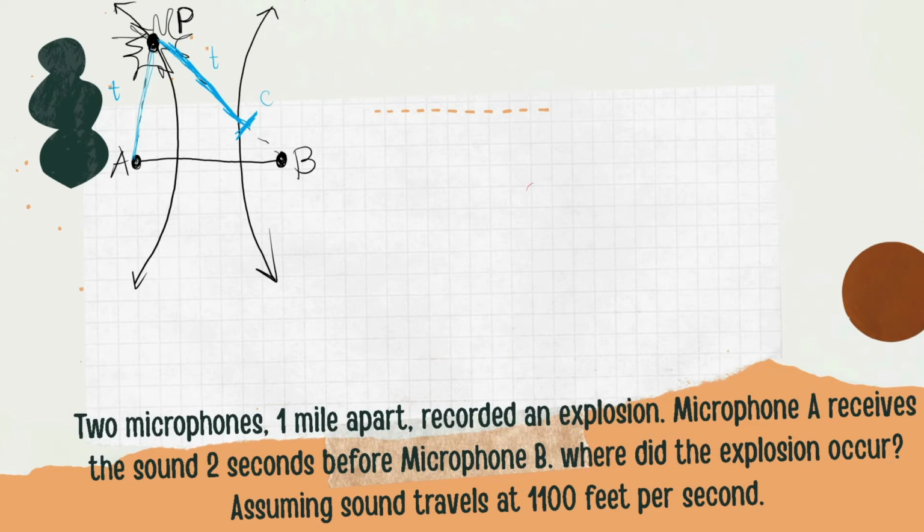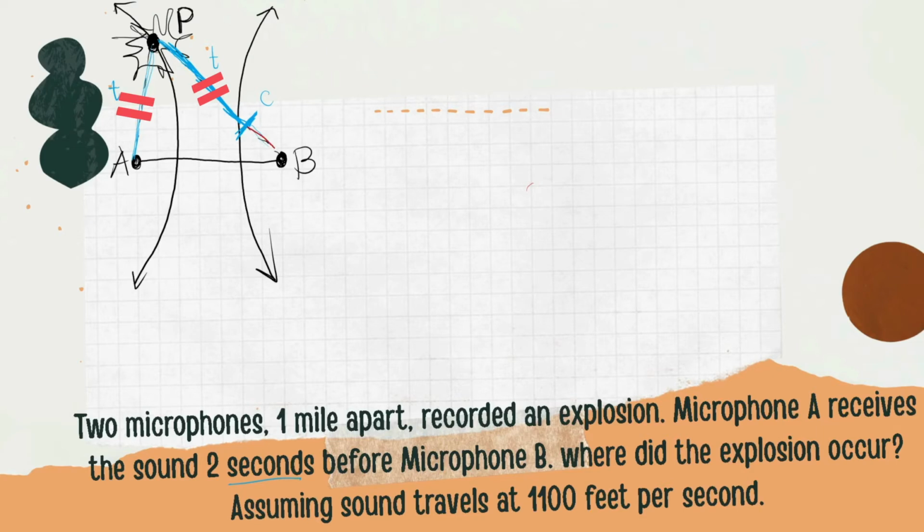Let's say at point C. When the sound completed its travel from P to A, it was only at P to C. And the 2 seconds mentioned, before reaching point B, were consumed only over this distance.